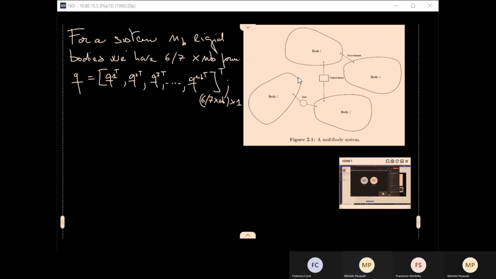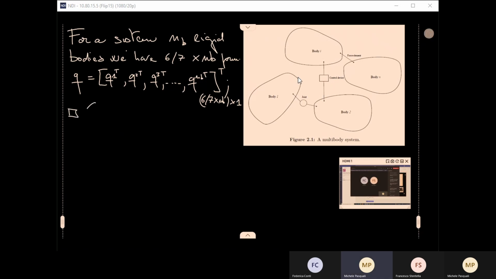But as you are seeing in this picture, some of these bodies are typically connected between them, or connected to the ground. So whenever you have to describe interdependence between the bodies, or between the bodies and the ground, you need to insert a constraint within your system.